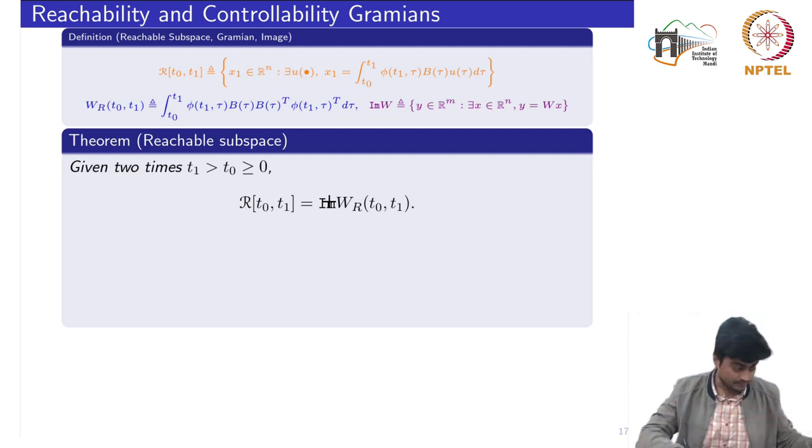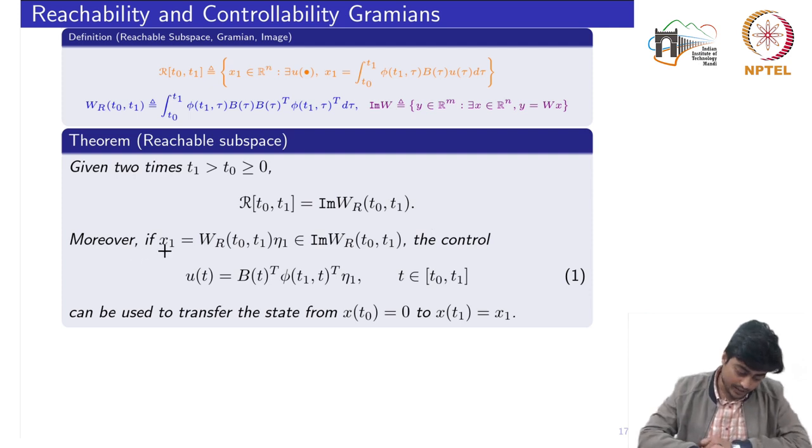This is the first result. The second is, moreover, if x1 is equal to WR into eta 1 for some vector eta 1, which is equivalent to saying that x1 belongs to the image of WR. Because if you see the definition, the image of W is all those y such that y is equal to Wx. Here y is x1, W is WR, and x is some eta.